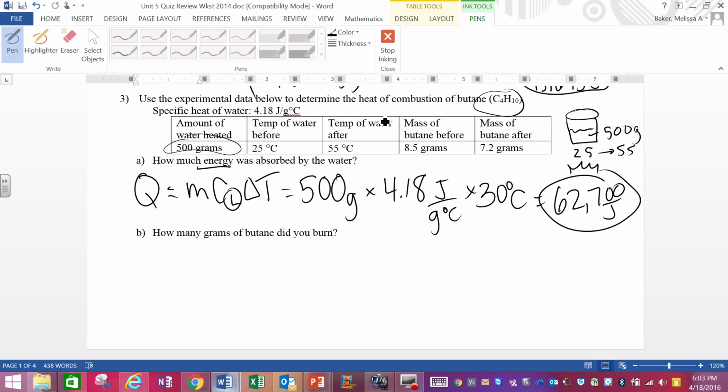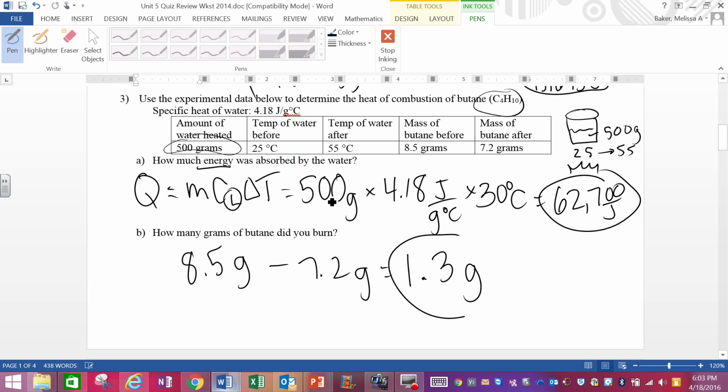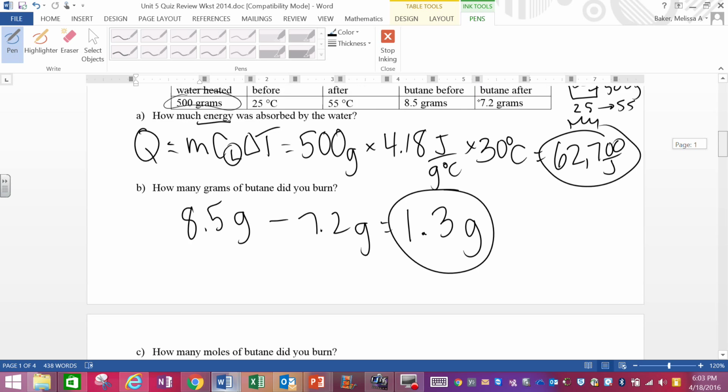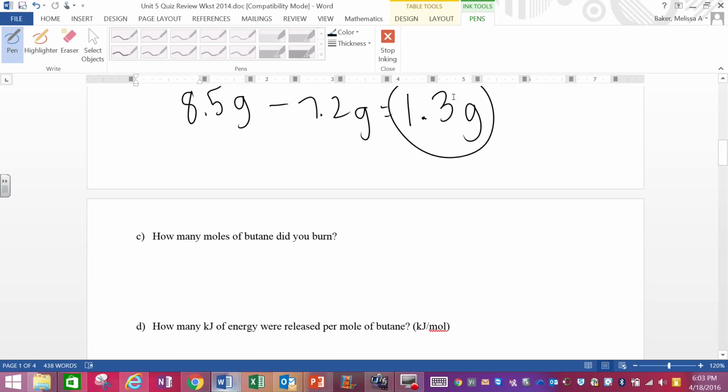How many grams of butane did you burn? Well, you started with 8.5 grams, you ended with 7.2 grams, so you burned off 1.3 grams of butane. Next, how many moles is that? Well, we know the formula of butane is C4H10.